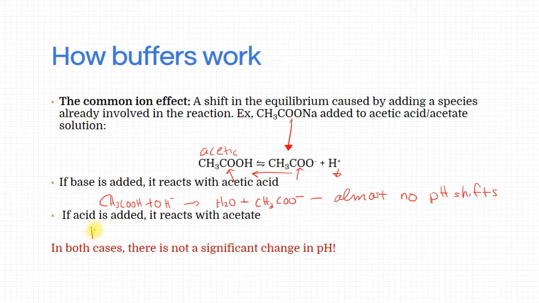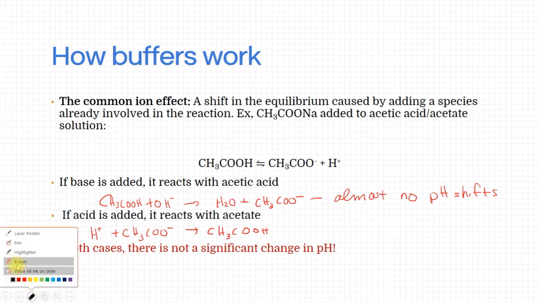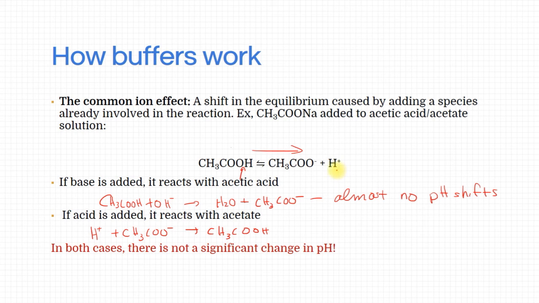If we add acid, the acid is going to want to react with the base, and there's only one of those here. That's the acetate. And when that happens, it's going to produce acetic acid, right? Okay. Well, so if we produce acetic acid, so we're producing acetic acid. That means I am increasing a reactant. So the reaction shifts to the right. And so the pH is going to go down a little bit, right?